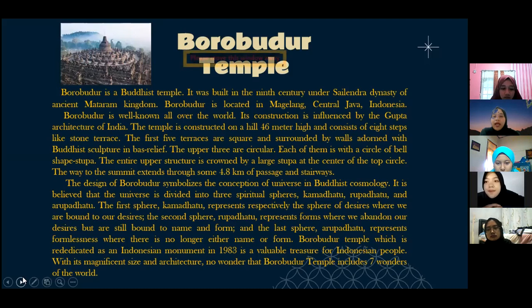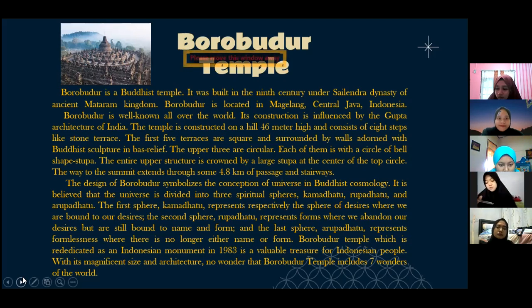Okay, so now the third paragraph. Please, Fikria, can you read it for us? Yes. The design of Borobudur symbolizes the conception of the universe in Buddhist cosmology. It is believed that the universe is divided into 3 spiritual spheres, Kamadhatu, Rupadhatu, and Arupadhatu.